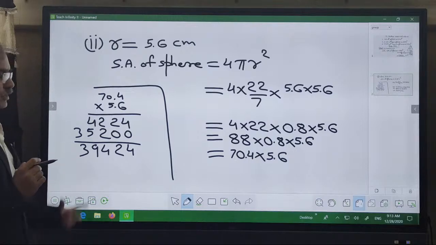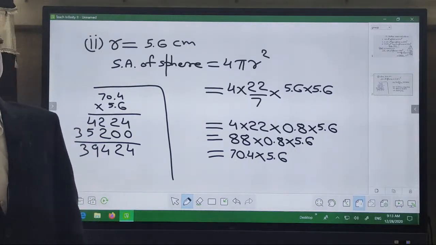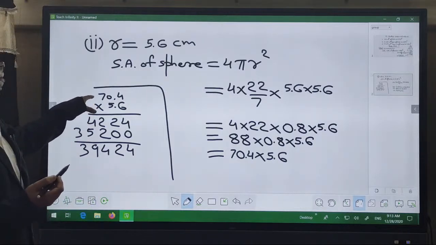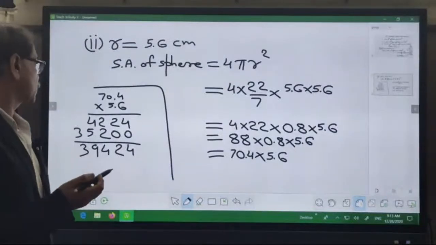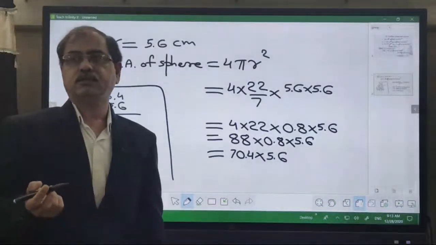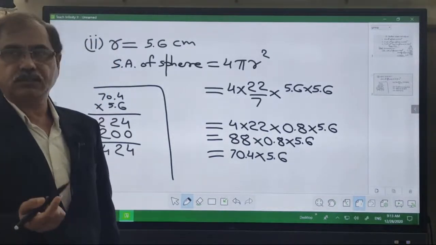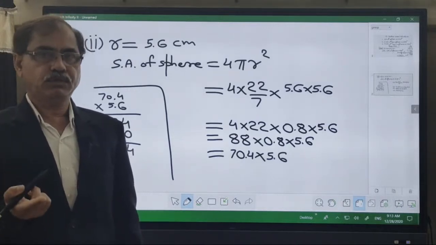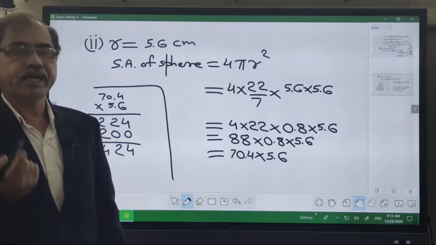So this is our rough work. In your rough work you are multiplying the numbers. Then the first number has 1 digit after the decimal point. The second number also has 1 digit after the decimal point. So a total of 2 digits are there after the decimal point. For that reason, in our final answer, before 2 digits, we will put the decimal point, starting counting from the right hand side.